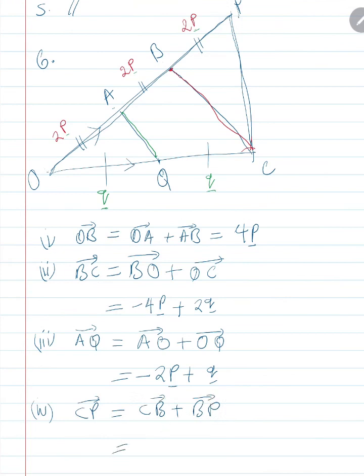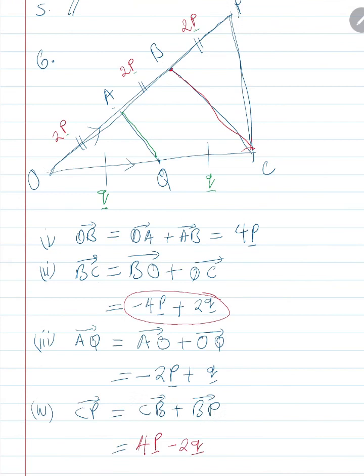What is BC? BC is this one here, meaning that CB is going to be the negative of that. So you have negative 4P, minus 2Q.